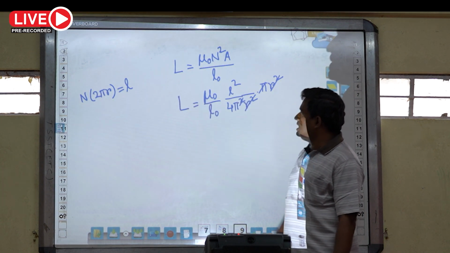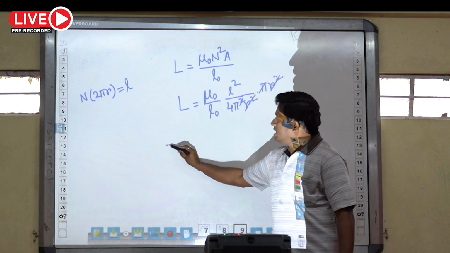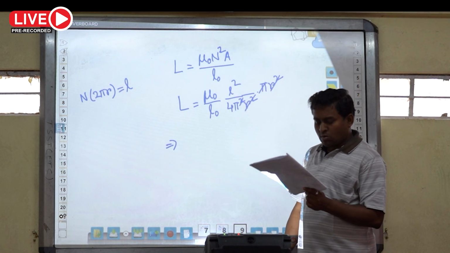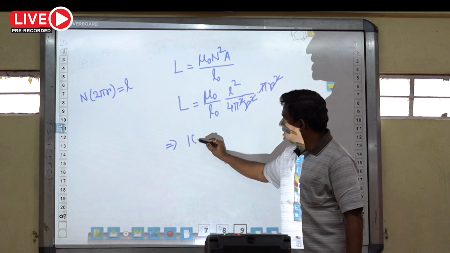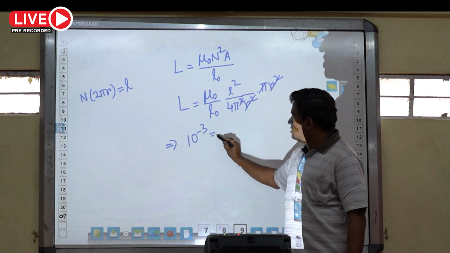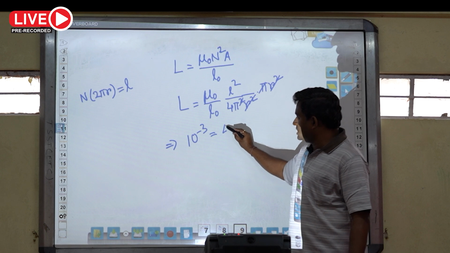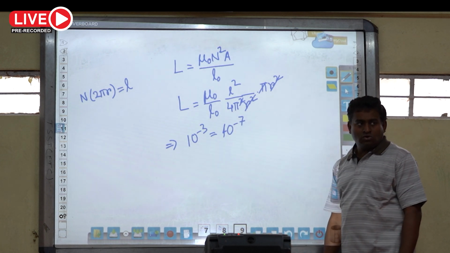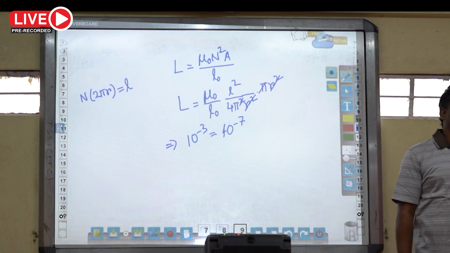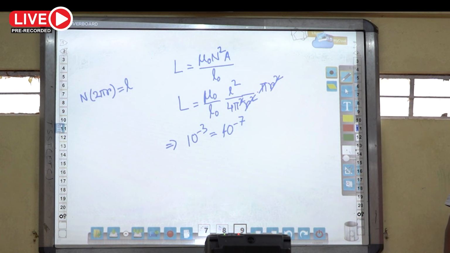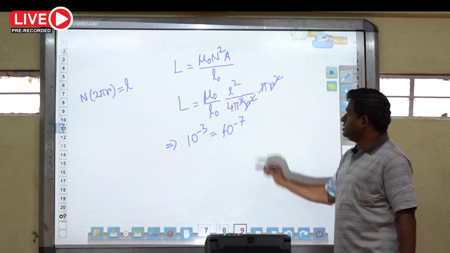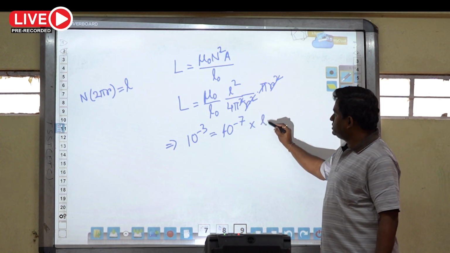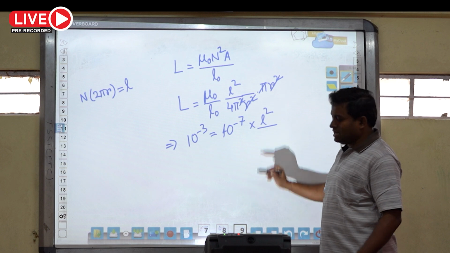This is the value of L. Now L is given 1 millihenry, means 10 to the power minus 3. Mu naught by 4 pi is 10 to the power minus 7, into L square by L naught.